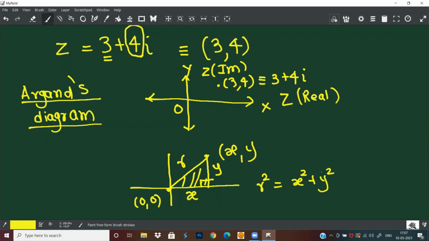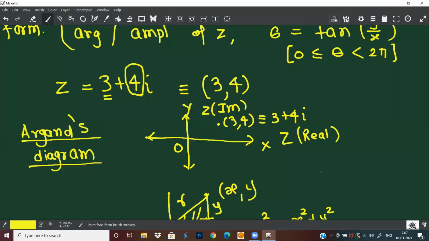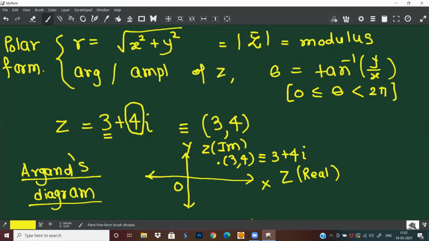So what I have written as r, or the modulus, is the distance of that point on the Argand diagram from the origin. It is called the modulus.